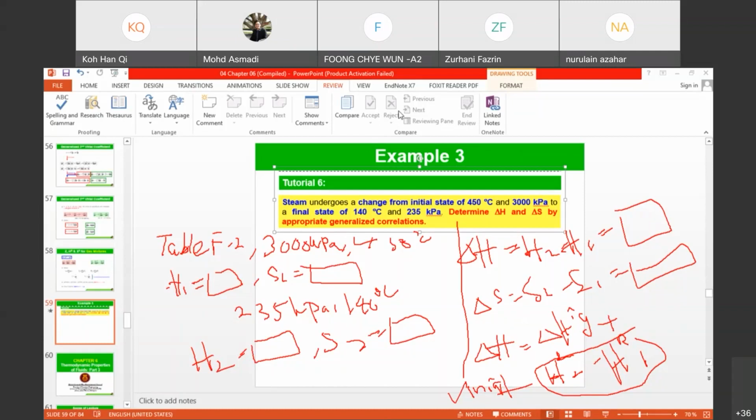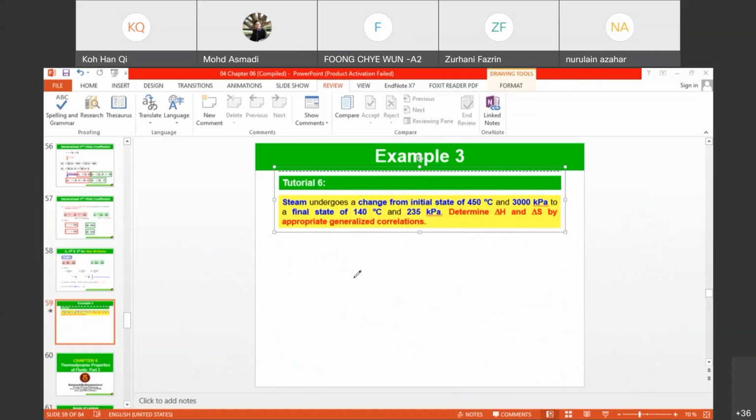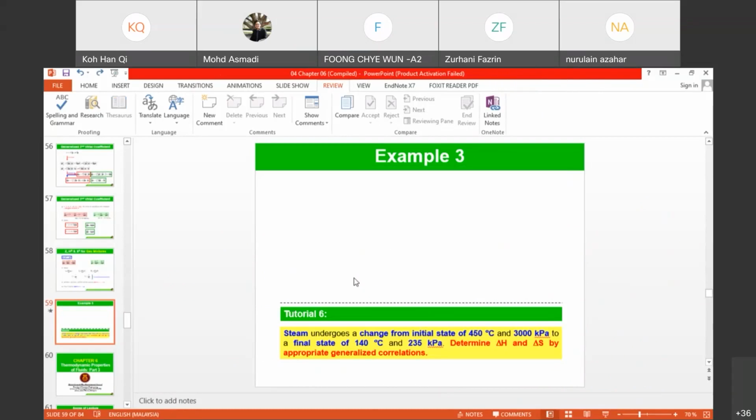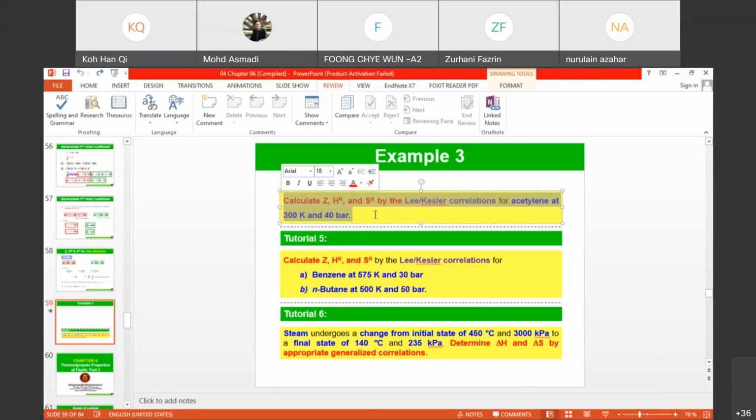Is it clear? Before we stop, I want the answer in the next class. Give me the answer for these three: this one, H R, S R, and this one. I want to know. Any more questions?